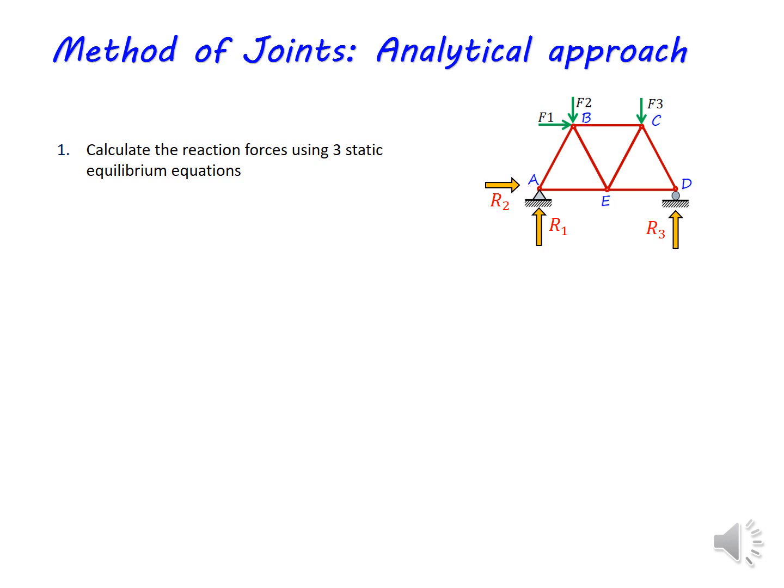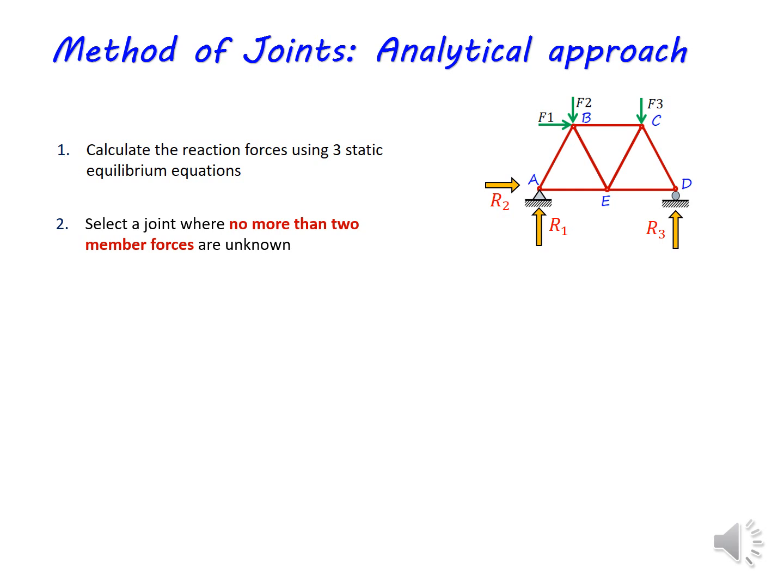So how do we select the appropriate joint to start this analysis? Our step 2 is to select a joint where there should be no more than two unknowns.